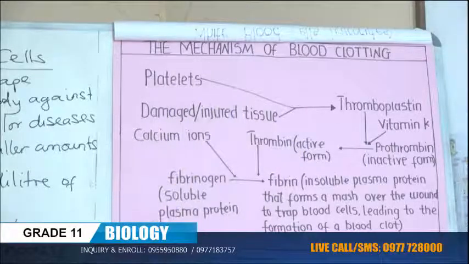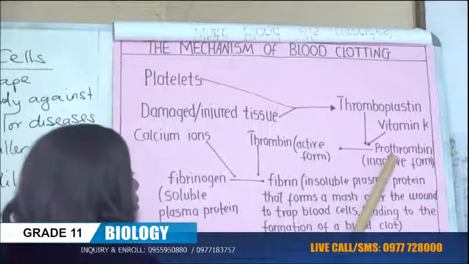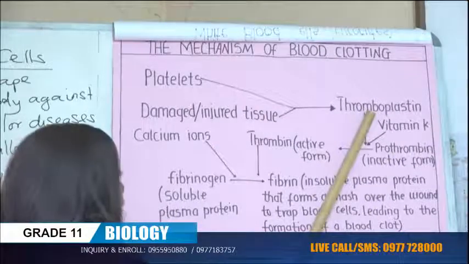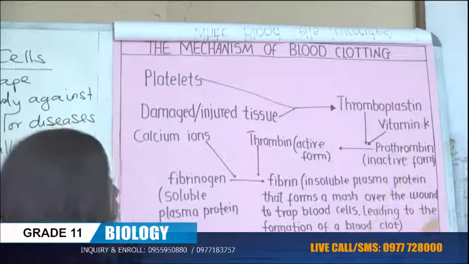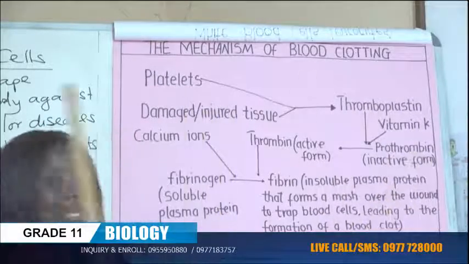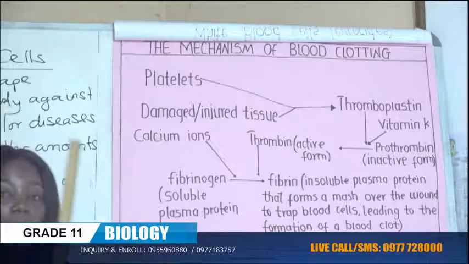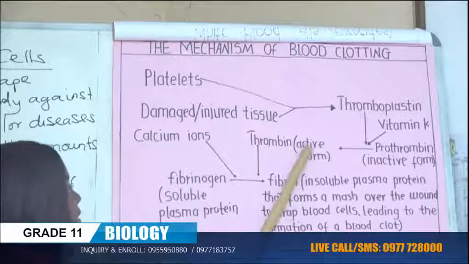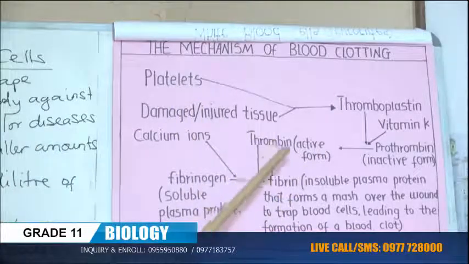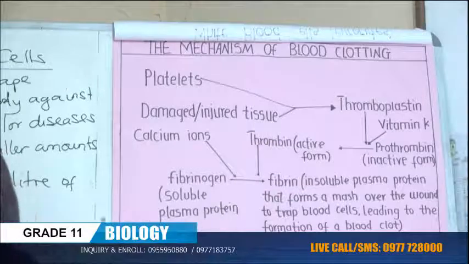This thromboplastin enzyme catalyzes the breakdown of a plasma protein called prothrombin, this one. So this thromboplastin catalyzes the breakdown of prothrombin, which is an inactive plasma protein, to make it into thrombin, which is an active form of plasma protein.